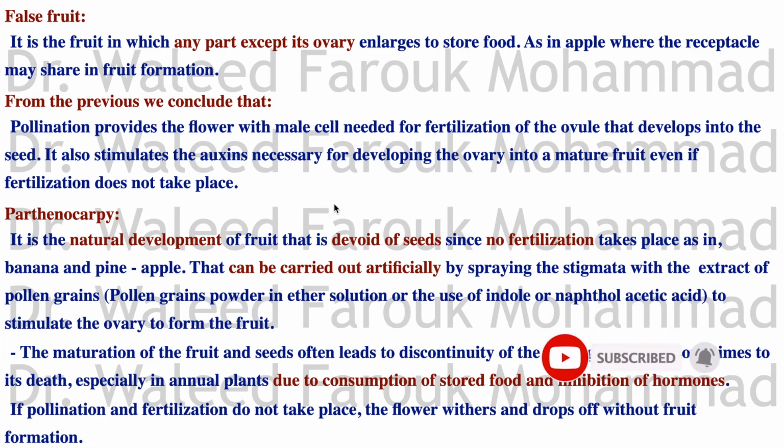Why? Due to consumption of stored food and inhibition of hormones. If pollination and fertilization did not take place, the flower withers and drops off without fruit formation. Well, I hope you got the maximum benefit from this lecture, and thank you very much for watching.